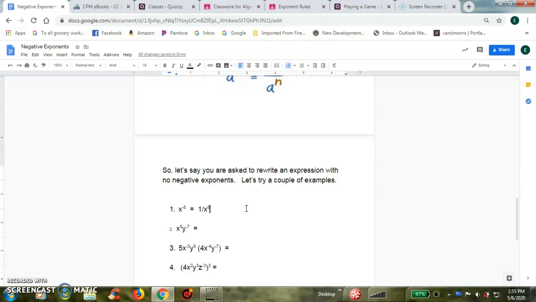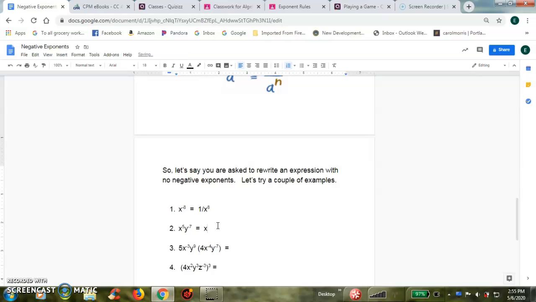Keep the base the same, make the exponent positive, drop it to the denominator. We have now written this with no negative exponents. What if you have one variable that has a positive exponent and another variable that has a negative exponent? The only one we need to change in this case is the y to the negative 7.